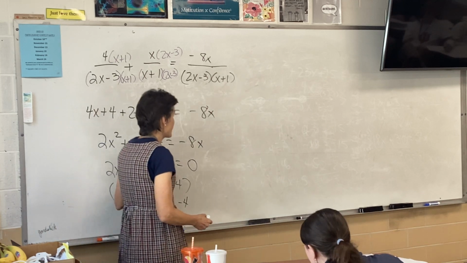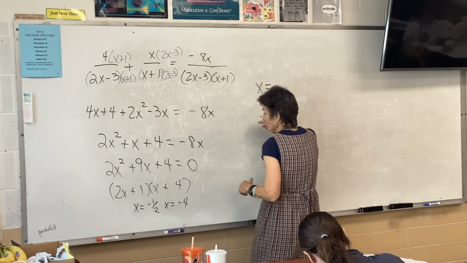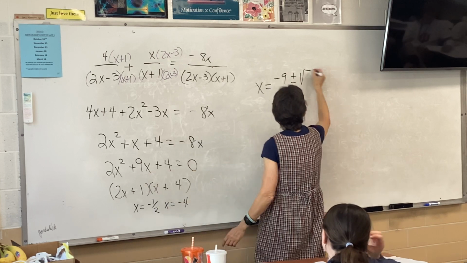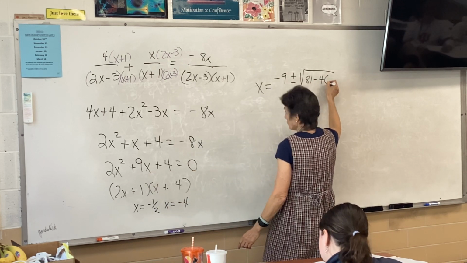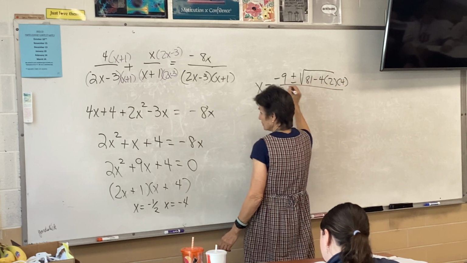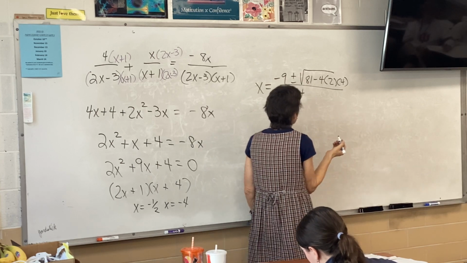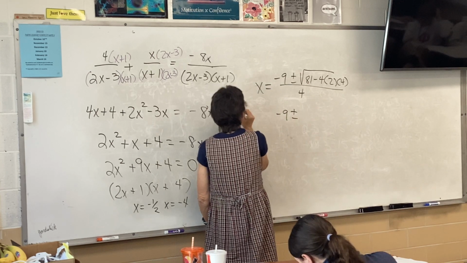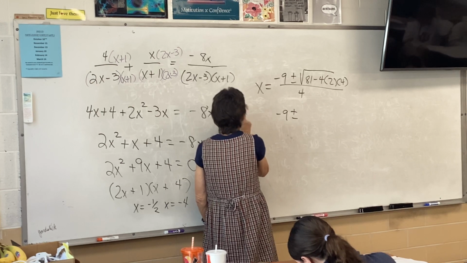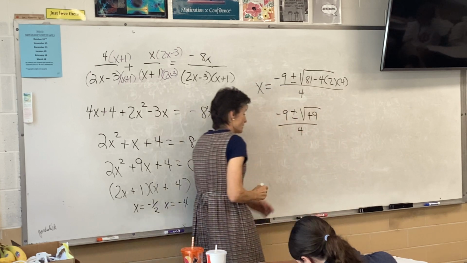Now, for those of you that aren't comfortable doing that, you can do the quadratic formula on this. Negative b plus or minus the square root of b squared minus 4ac all over 2a. You don't have to do it both ways. I'm doing it both ways because I want you to see that it's possible. What's the square root of 49?